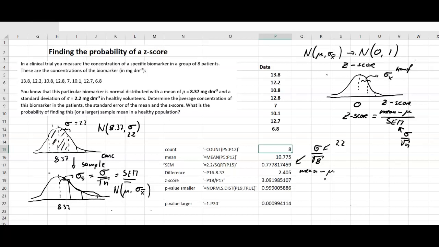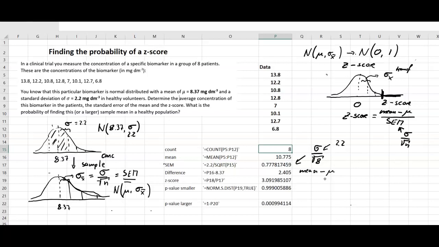If we look at our standard curve here, what we are looking for is a z-score that is around 3. So here would be our z-score. So we are basically looking at a z-score of 3 or larger. So we are looking at the area under the curve that is to the right of this z-score.